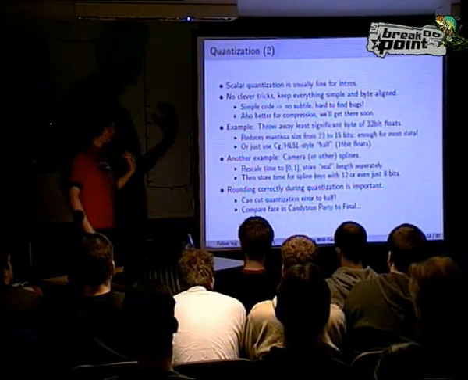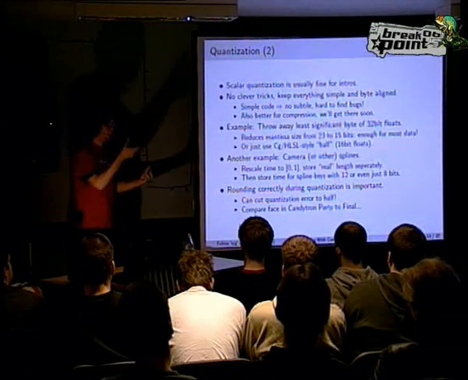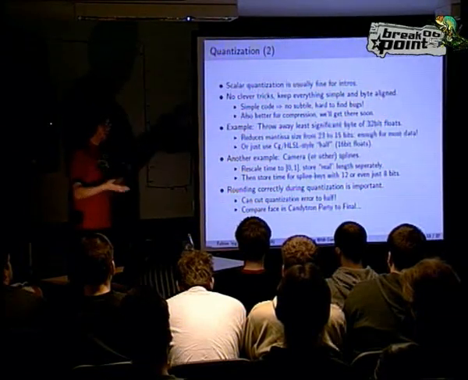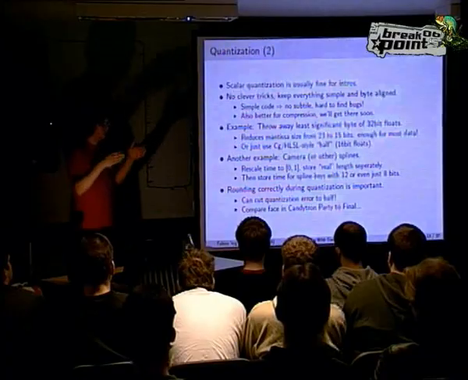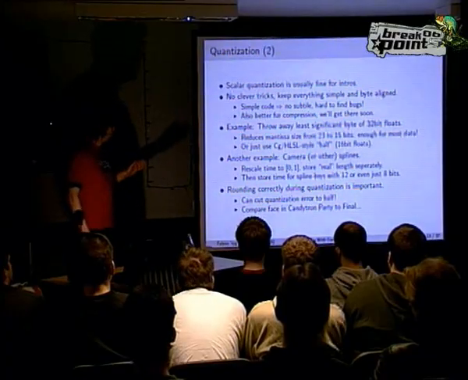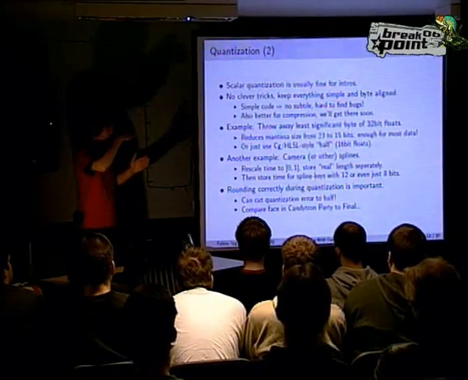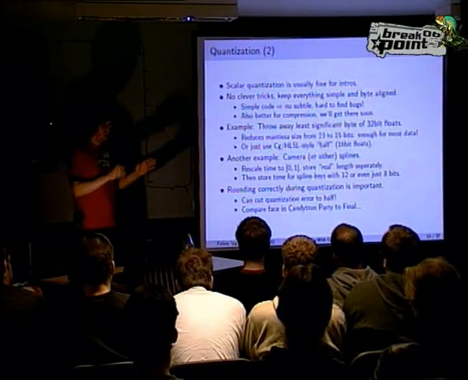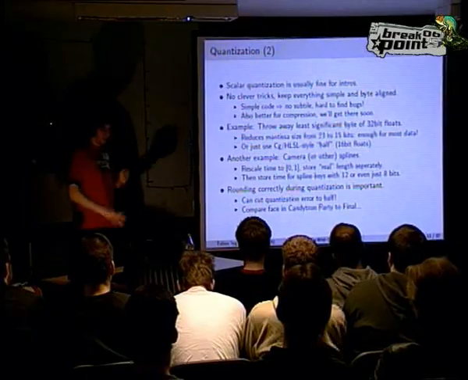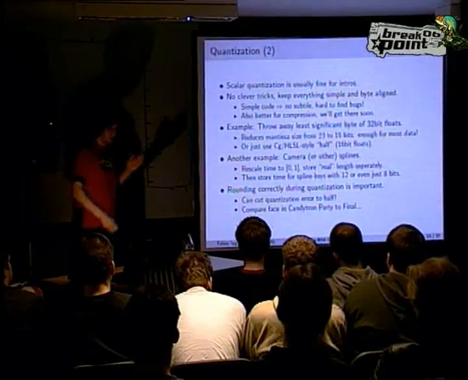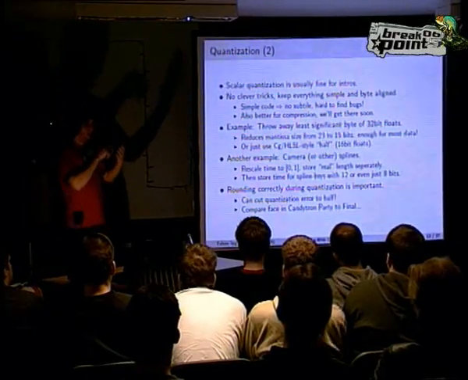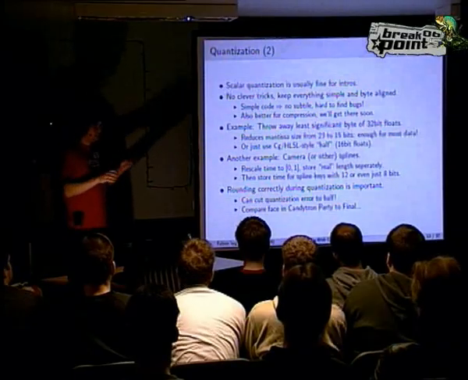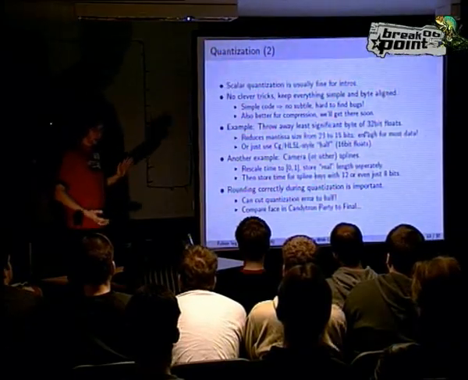One is the so-called exponent, which tells you what value range this number is in. I already mentioned you have very small numbers and very big numbers, and this exponent tells you what range it is approximately in. And this mantissa is the value which tells you where in that range the value is. And just reducing that mantissa size means you have less resolution but the same value range. And it's usually fine for most data.